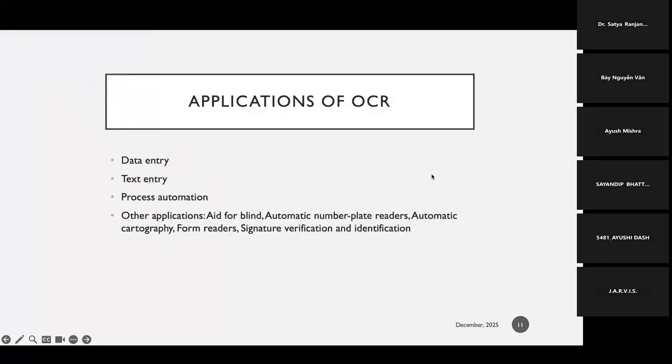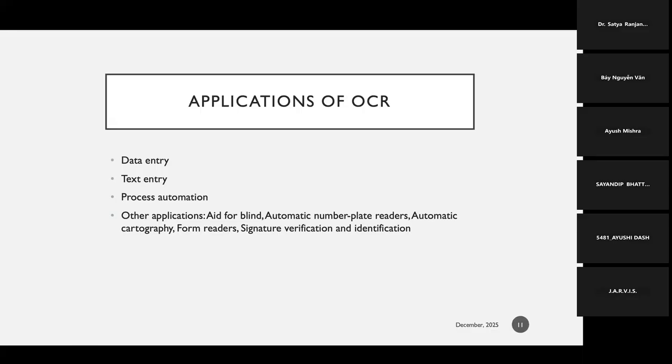Let's talk a little bit about the applications of OCR. We use it in data entry. This is a technology for entering large amounts of restricted data. The initial document reading machines were used for banking applications. How about text entry? The second branch of reading machines is the page reader for text entry, mainly used in office automation.